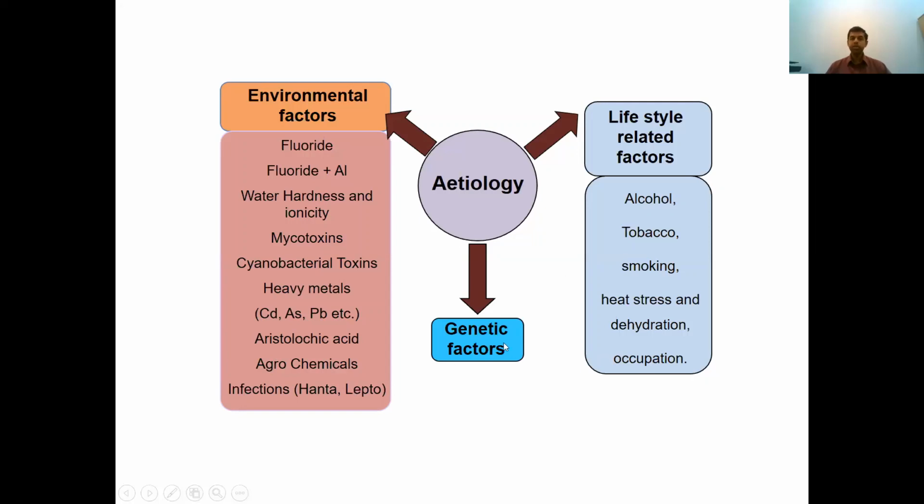Some people think that it could be genetically motivated, where these patients have a genetic predisposition for this. Some people relate it to lifestyle factors, because this is mostly among farmers in the dry zone. This could be heat stress related, dehydration related. So there are still many theories, but nothing has been proven to be the exact etiology of CKDU.